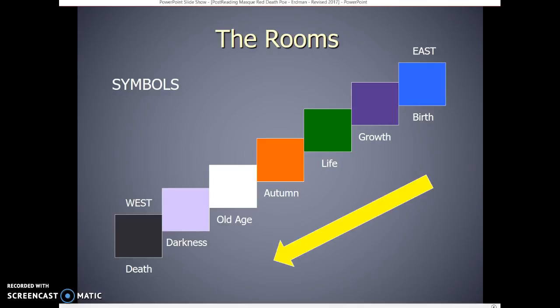For example, blue is a symbol of birth. Purple is a symbol of growth. Green is a symbol of life. Orange is a symbol of autumn or fall or maturity. White is a symbol of old age.